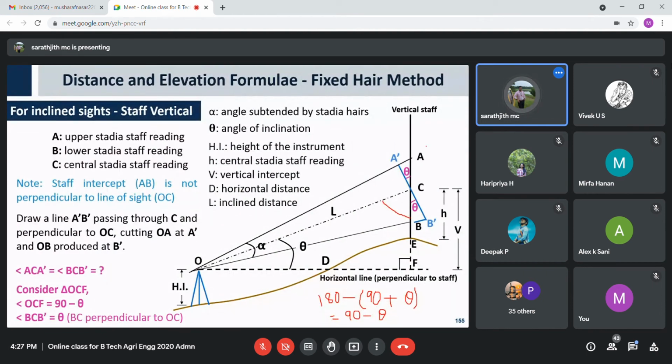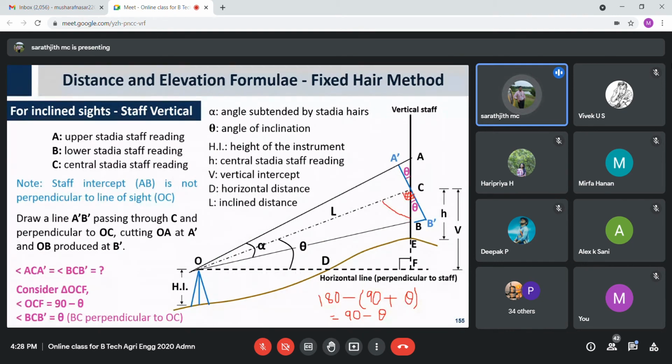We also know that A dash B dash is perpendicular to OC, so this angle which I have shaded is 90 degrees. So this entire angle is 90, but we know that this one is 90 minus theta.